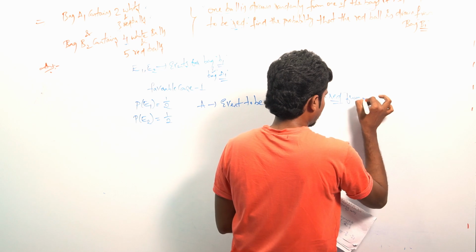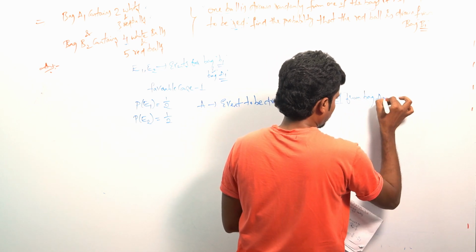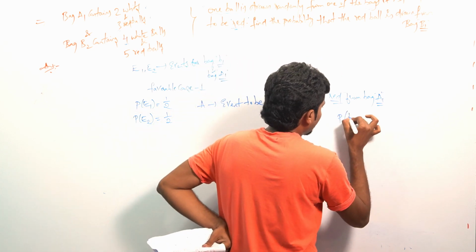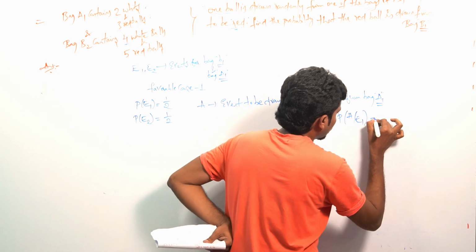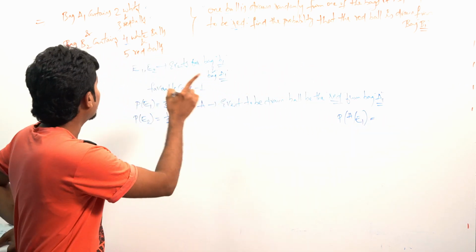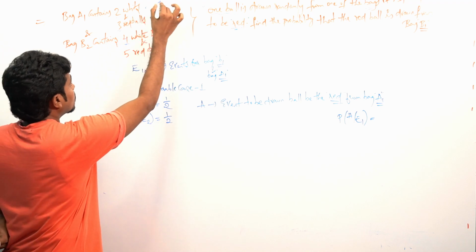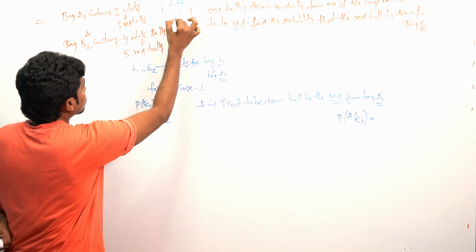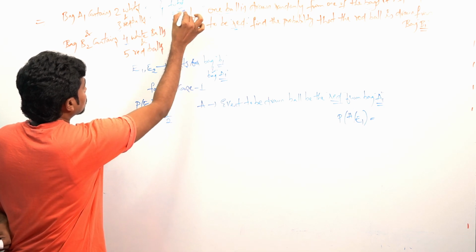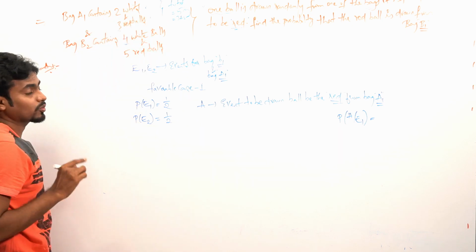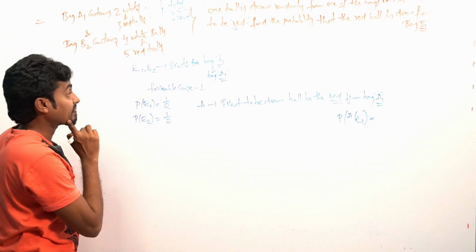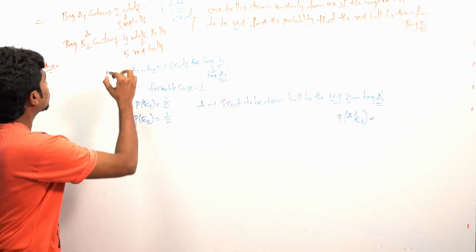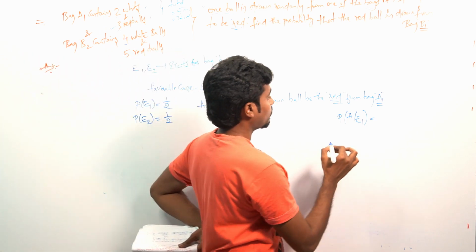From bag A1, P of A given E1 equals the total, 3 plus 2, which is 5. My favorable cases are the red balls, that is 3. So 3 divided by 5.